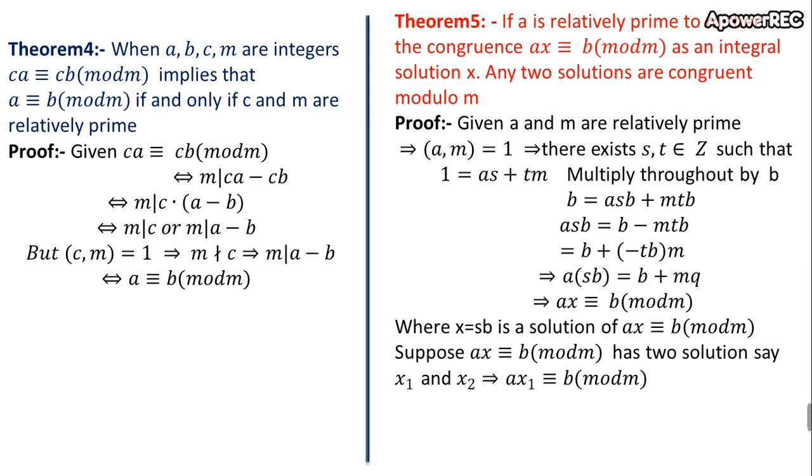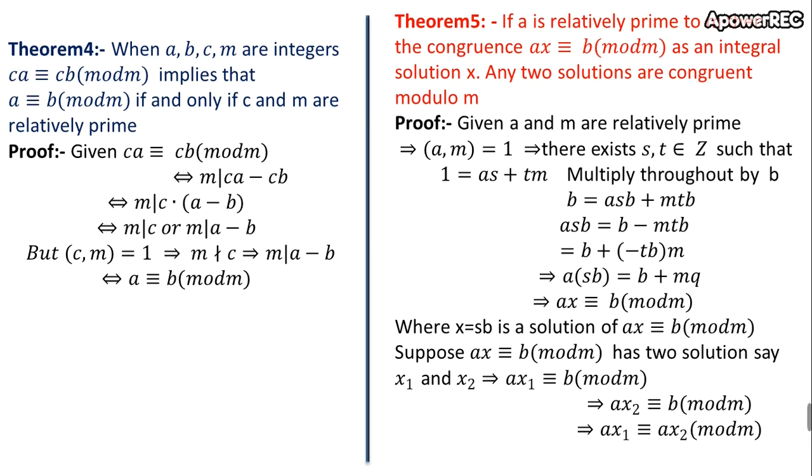That is nothing but AX1 is congruent to B modulo M and AX2 is congruent to B modulo M.